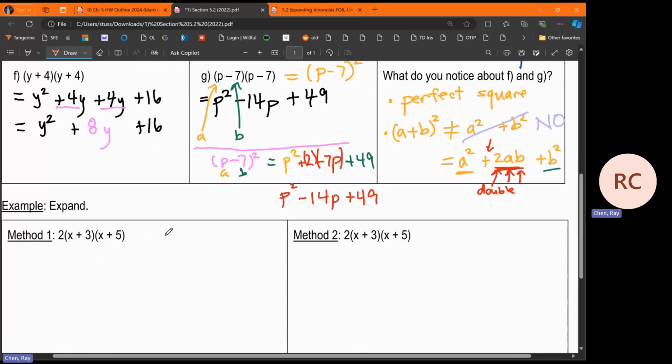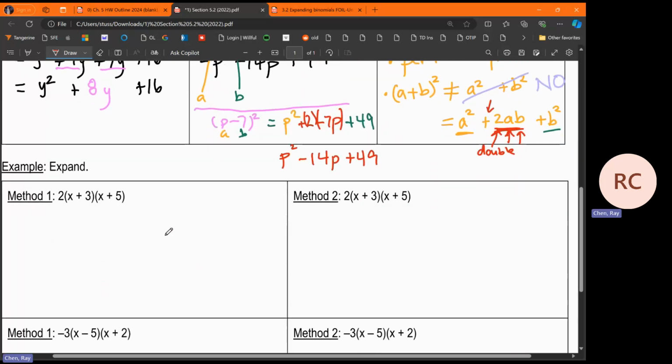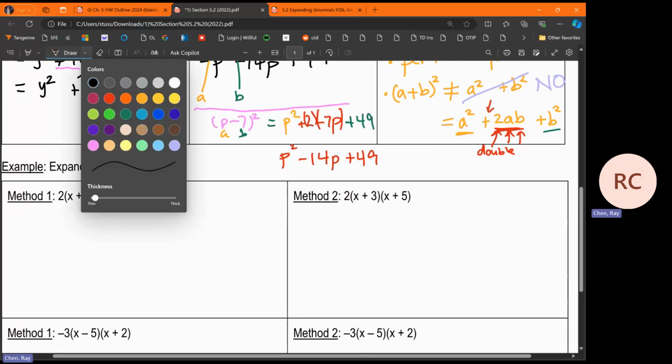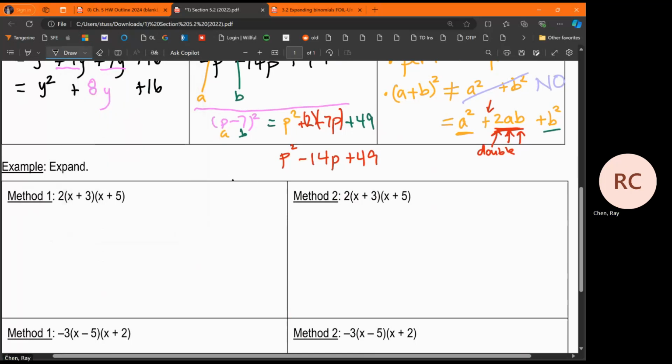Our last one, and I'm just going to do this example, and hopefully you can work on the other questions. I'm going to just show you my way of doing this question. Sorry for the coughing, folks. So I recommend for this question, 2 times x plus 3 times x plus 5, you FOIL first.